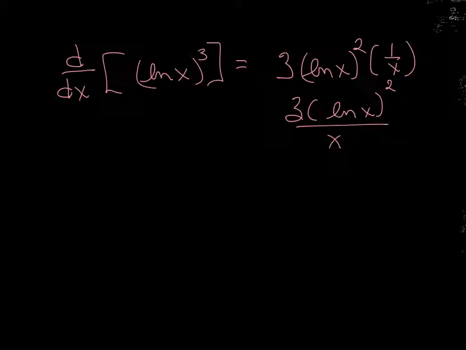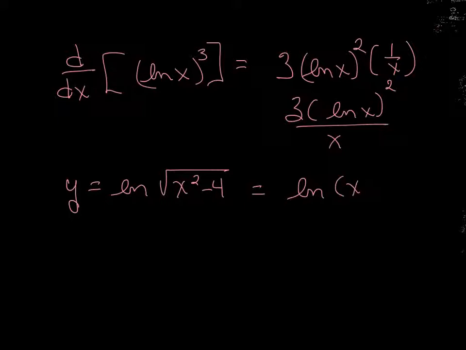Now there are times that before we can take a derivative, we may have to do some simplification of our natural log. If this is our function, y equals the natural log of the square root of x squared minus 4, it would behoove us to use those properties of natural logs and rewrite this. And we can rewrite it as the natural log of x squared minus 4 to the 1/2, which is also 1/2 times the natural log of x squared minus 4.